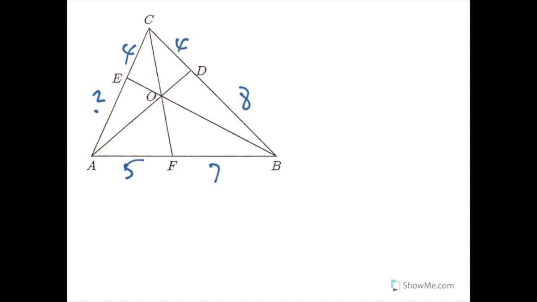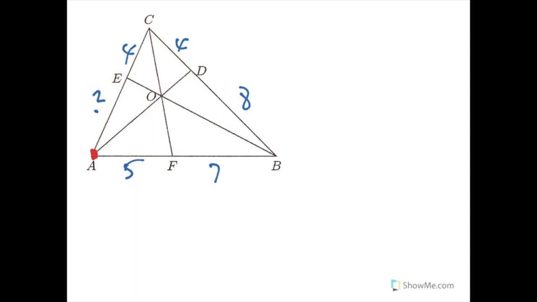This example is obviously really easy. The contest problems aren't going to be as straightforward as this one, but I'm going to use this as an opportunity to introduce a very easy method to memorize Ceva's theorem. Essentially what you do is you can start at any vertex.